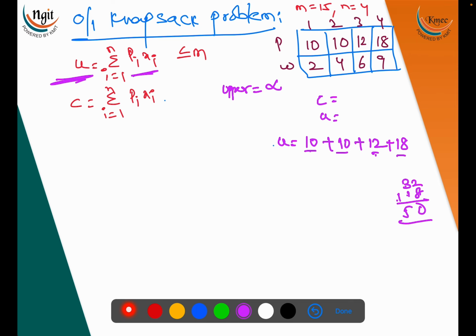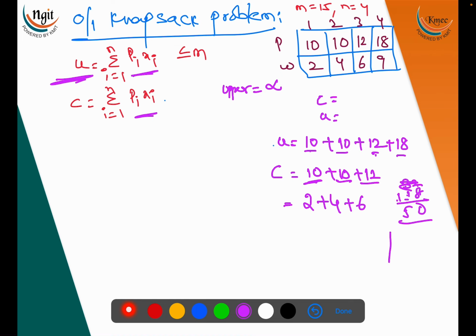Now listen carefully. If I calculate the cost of it, cost is the sum of pixi, 10 plus 10 plus 12. If I take it this way, this 10 plus 10 is the profit for which item? X1. Now what is the weight of it? 2. This 10 has weight 4. This 12 has weight 6.